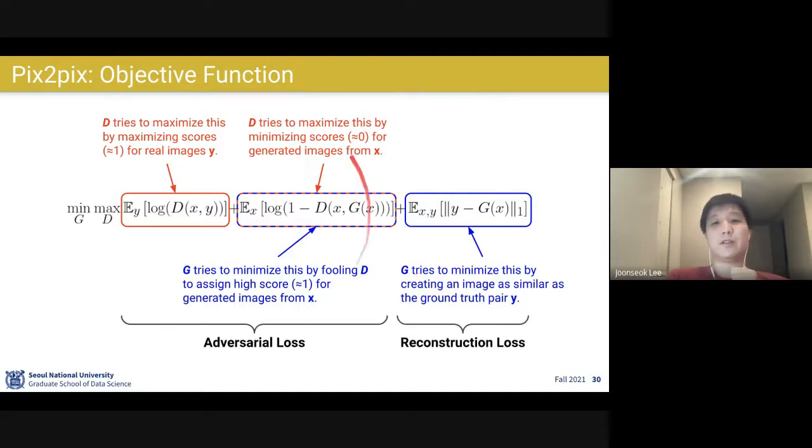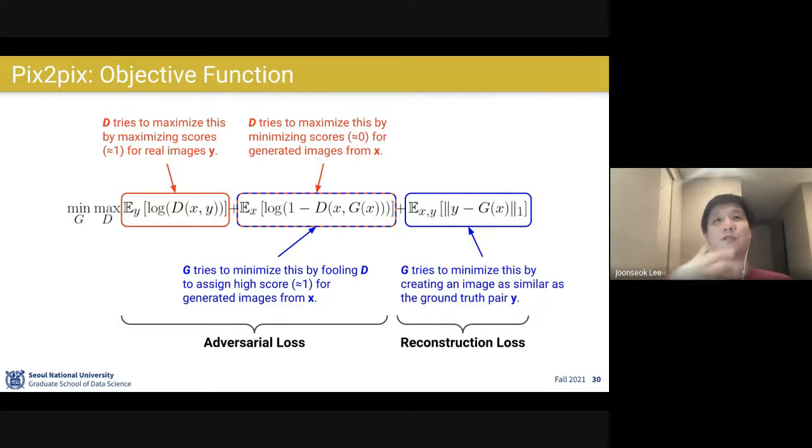So the first part, the two terms, are the same as the GAN, just adversarial loss. And the second part is the reconstruction loss, which helps the generator generate real-like images. And not just real-like. Why do we need this part? If we don't have this part, it can just generate any shoes image. It doesn't necessarily match the sketch.